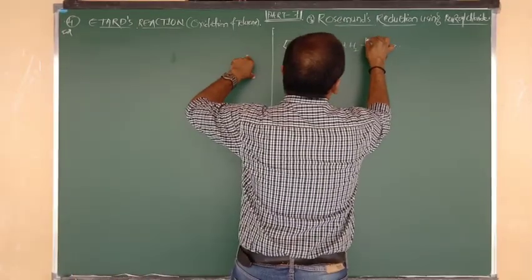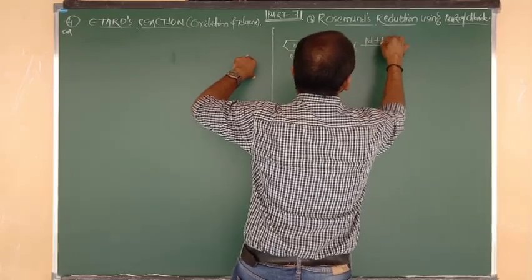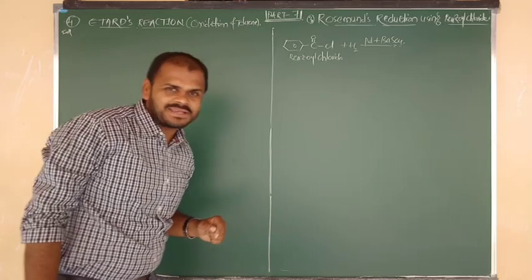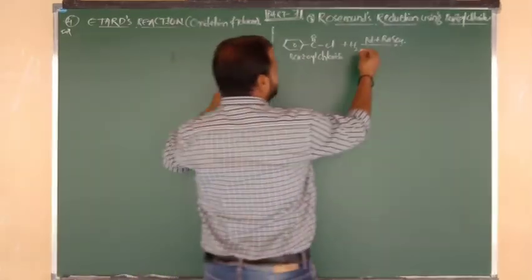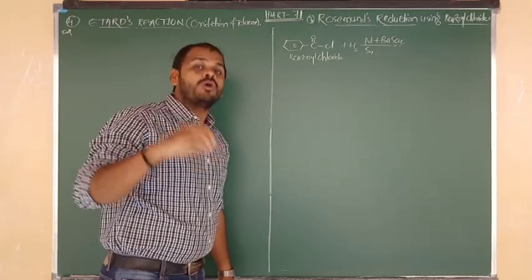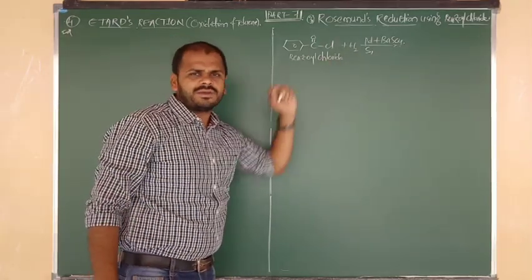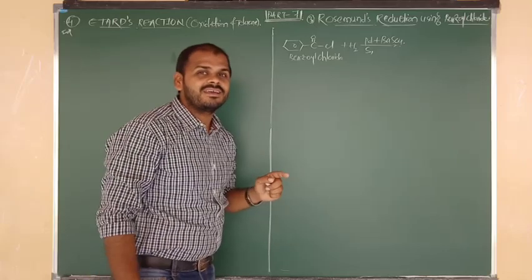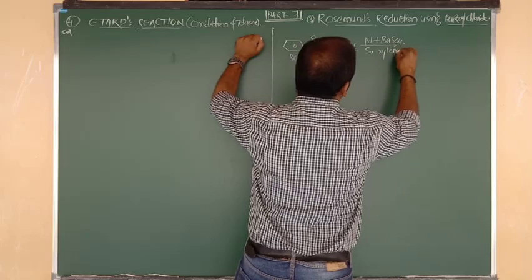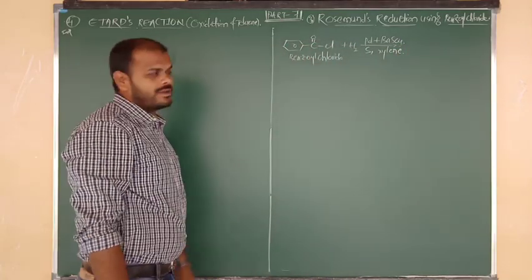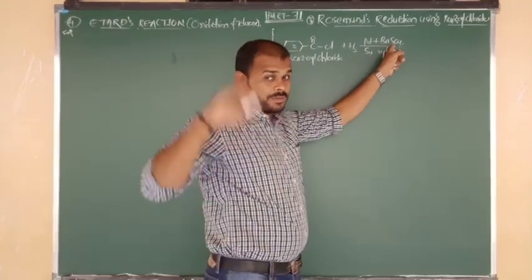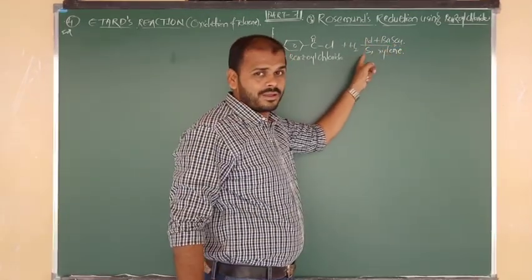So upon the arrow mark we have to write Pd plus BaSO4, palladium plus barium sulfate, and the reaction will take place in presence of quinoline and traces of sulfur, which we can add as catalytic poison. This reaction will take place in presence of a supporting solvent. This is nothing but what? Xylene.